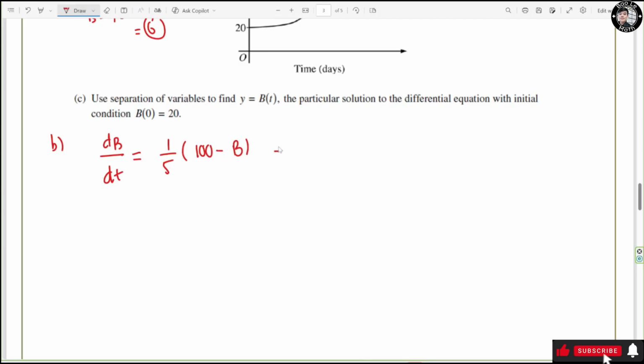Now, the second derivative of this one becomes 1 over 5 times the derivative of 100, which is going to be 0. The derivative of this one is going to be negative dB over dt, right?